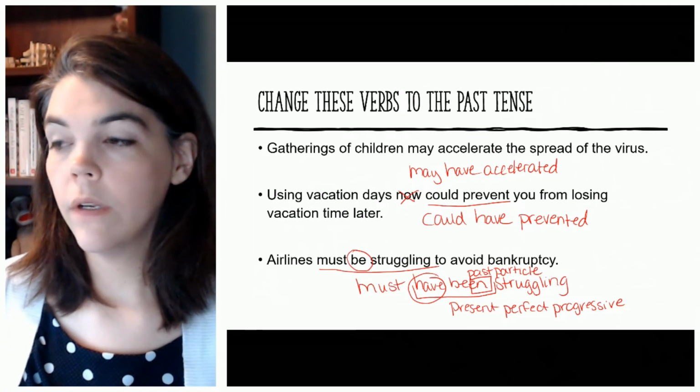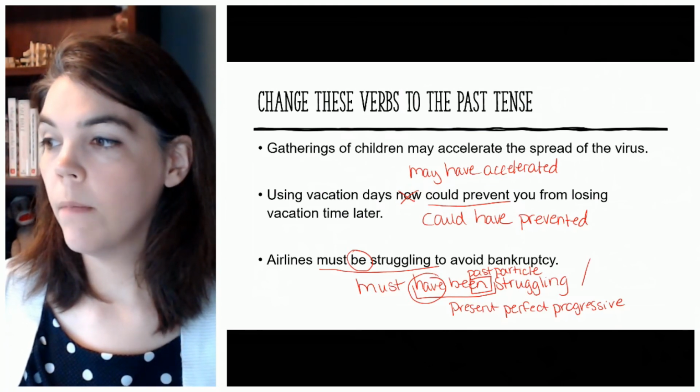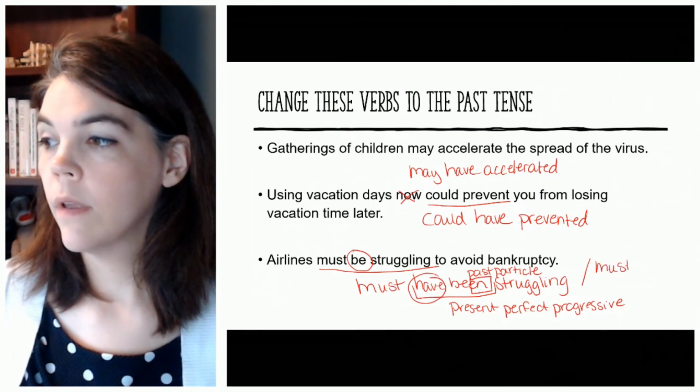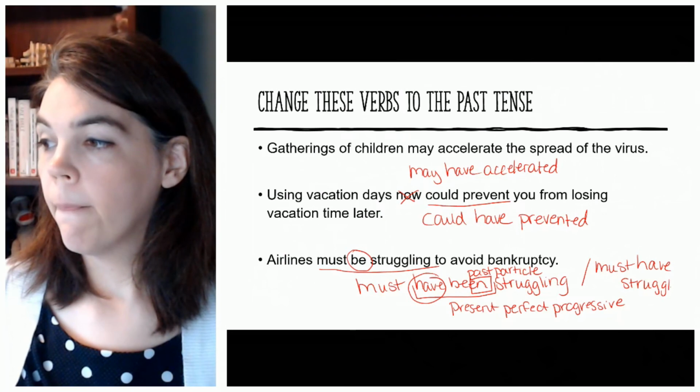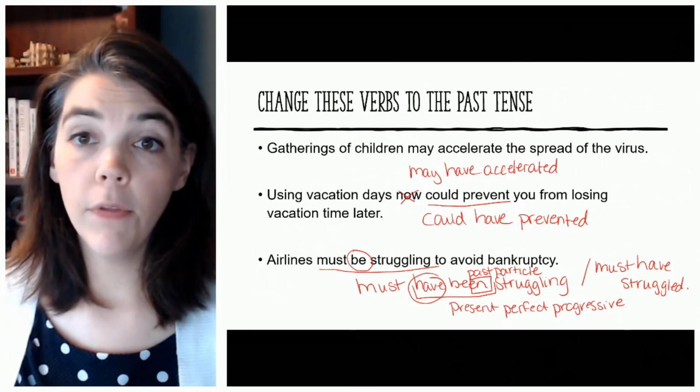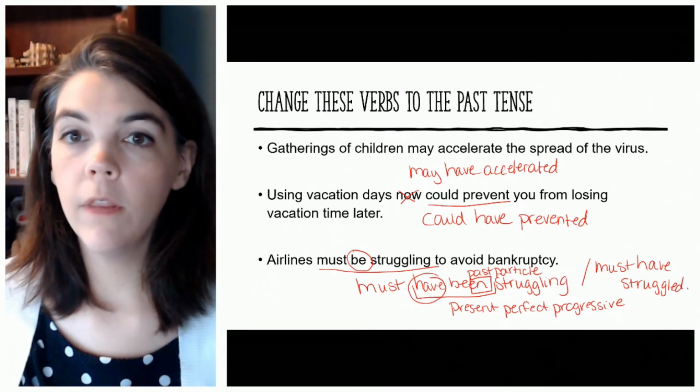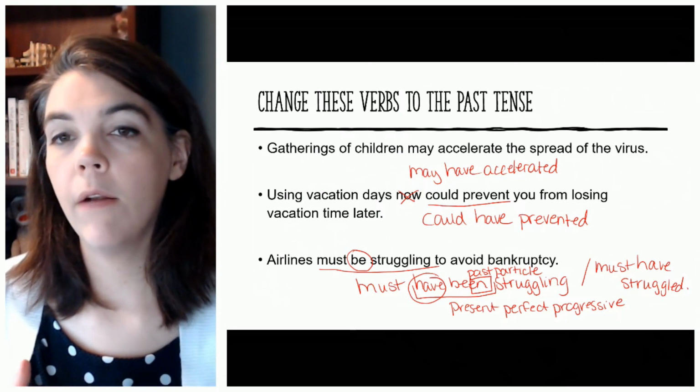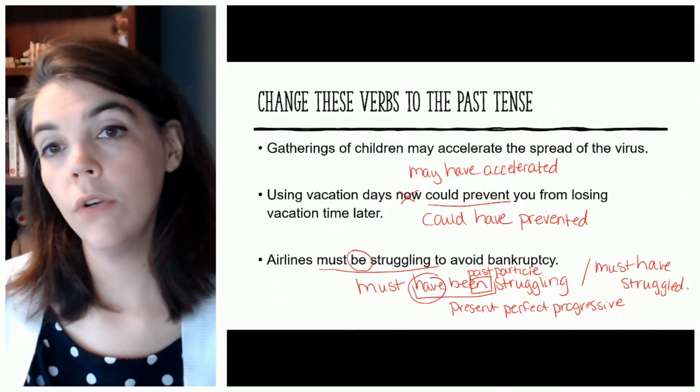Another option is to say must have struggled. Both of these are possible ways of putting them in the past tense. It's just a matter of, are you trying to show progression or not?